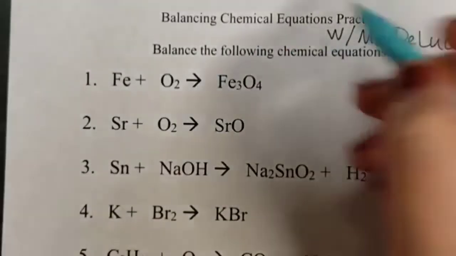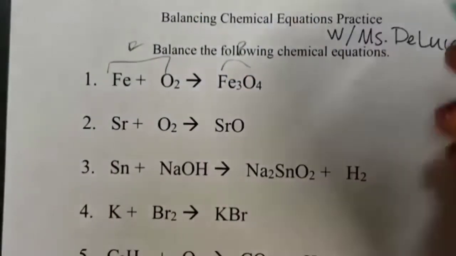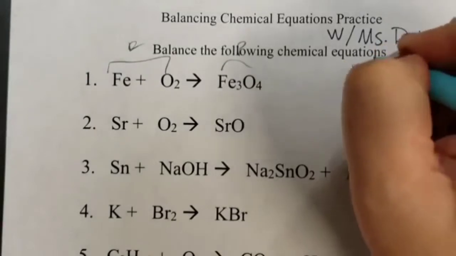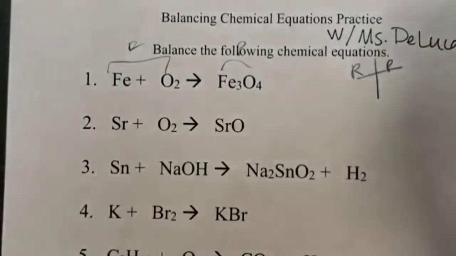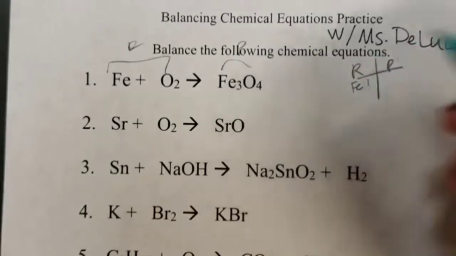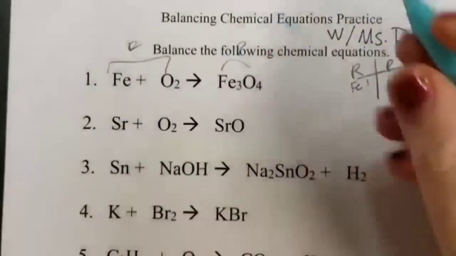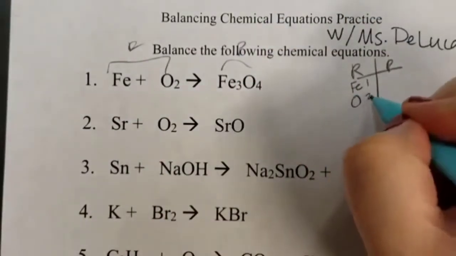All right, so remember, these are the reactants, these are the products. So we're going to make our little chart, reactants, products. Number of iron atoms is 1. Number of oxygen atoms on this side of the equation, there are 2.